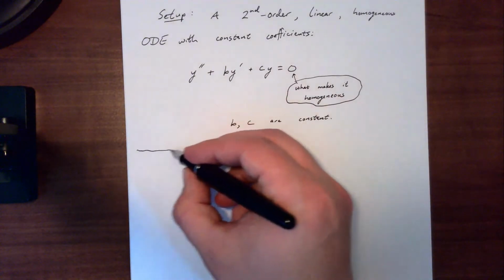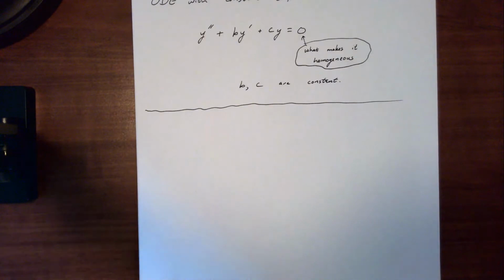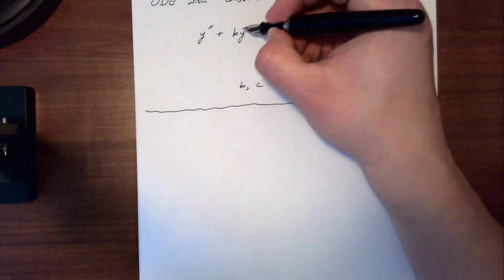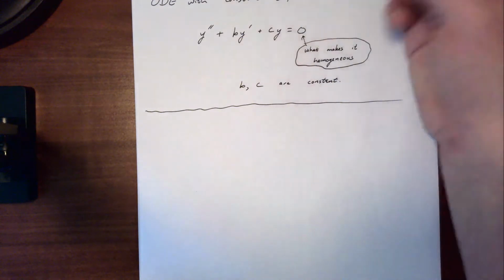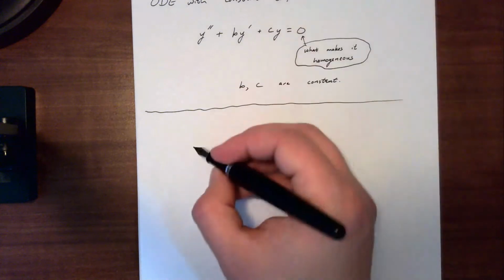Okay, so now our goal is to solve these, and let's think about this for a second. All we're taking are derivatives of y, and when we do this, all we're producing are combinations of this that equals 0. So any solution would have to fit this pattern.